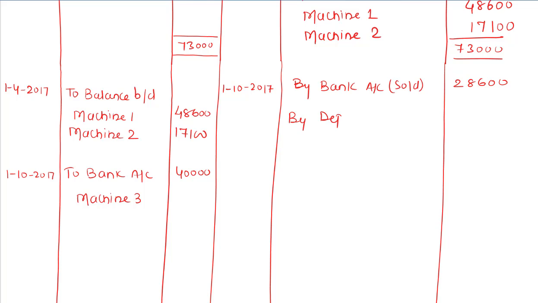By depreciation, 48,600 multiplied by 10% multiplied by 6 by 12. Solve it quickly. 2,430.